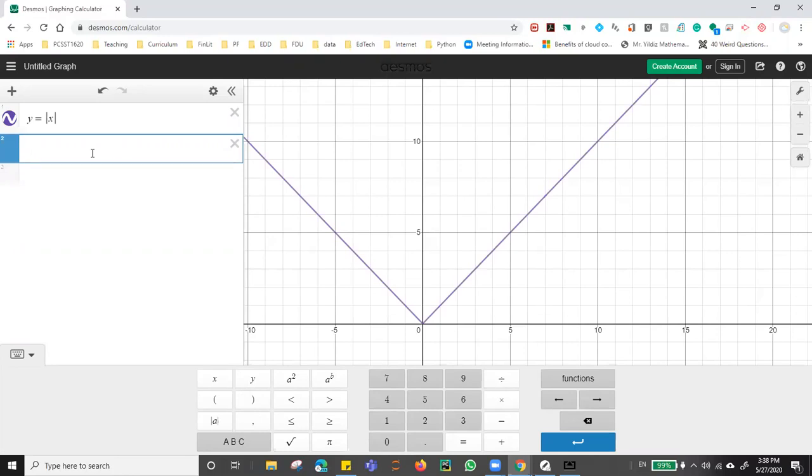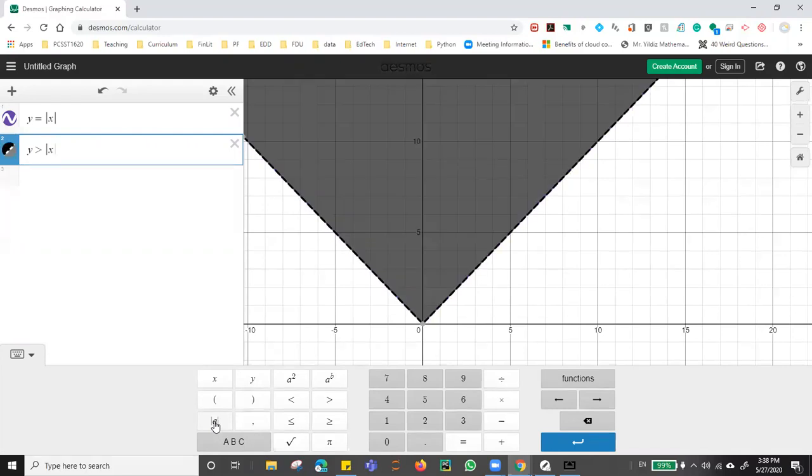Now I have an inequality, so let me use the inequality with the parent function. y is greater than the absolute value of x.